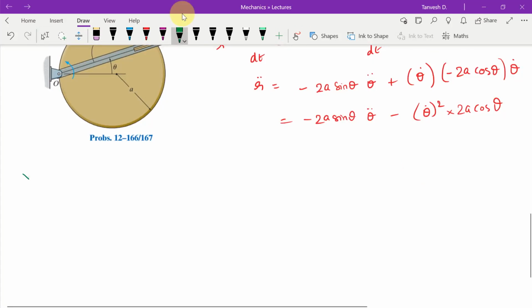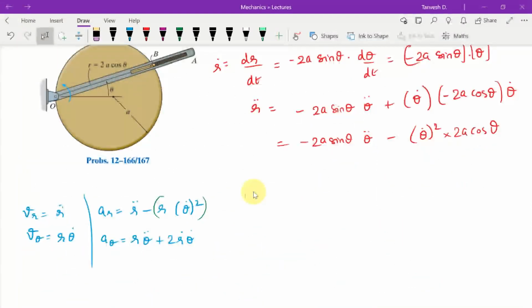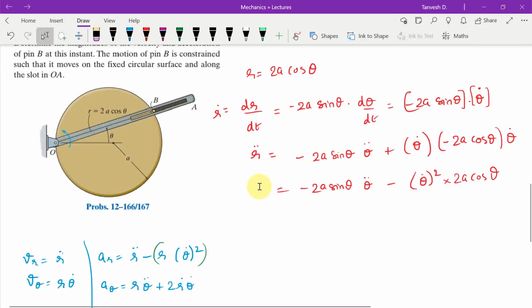So Vr is r dot, V theta is r theta dot. R dot we need. Theta dot and theta double dot are already told that they are going to remain that only. We needed the values of r dot and r double dot, so that we have found, and also we need the value of r.